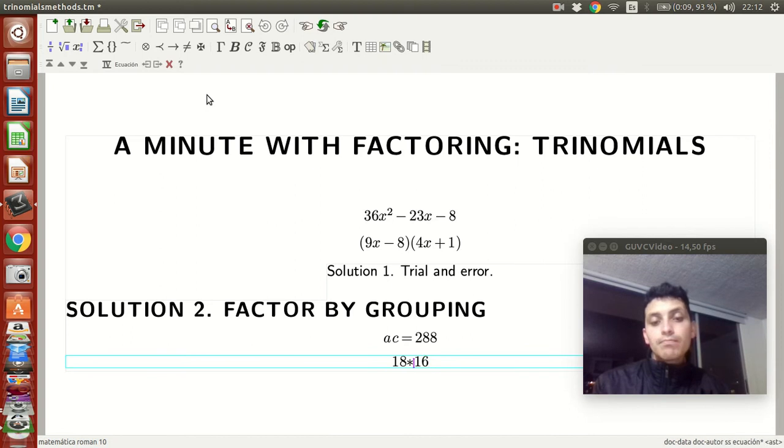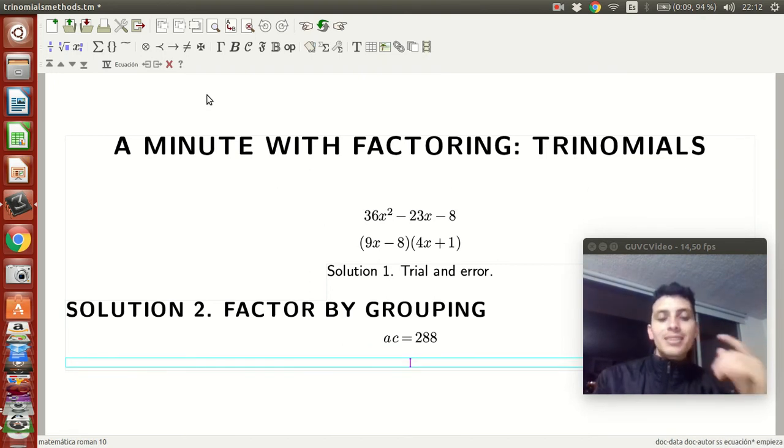No. Now divide it. 9 times 32. Okay, we get to 9 and 32. If you have negative 32 plus 9, we have negative 23. So we found the numbers 9 and 32.